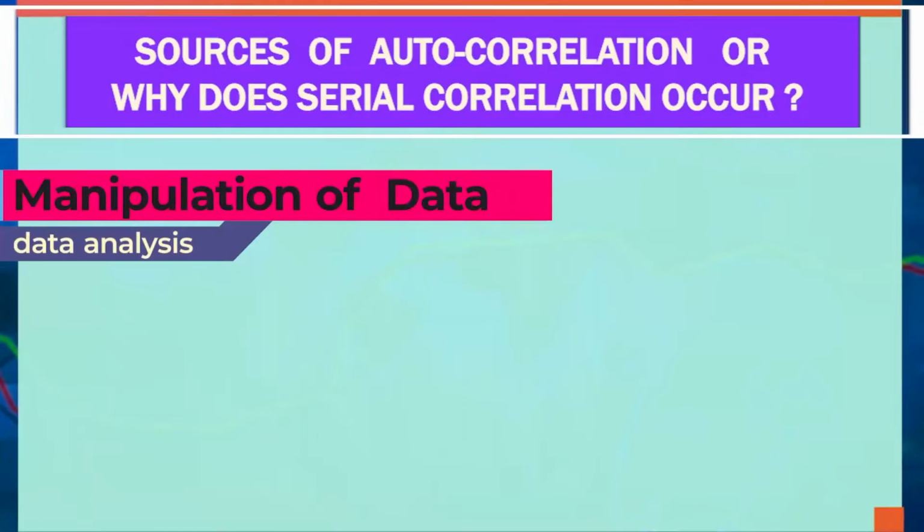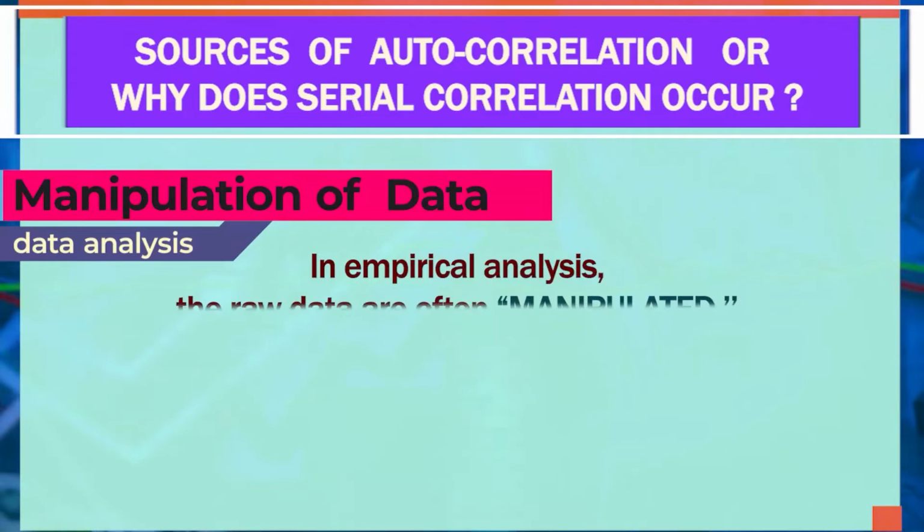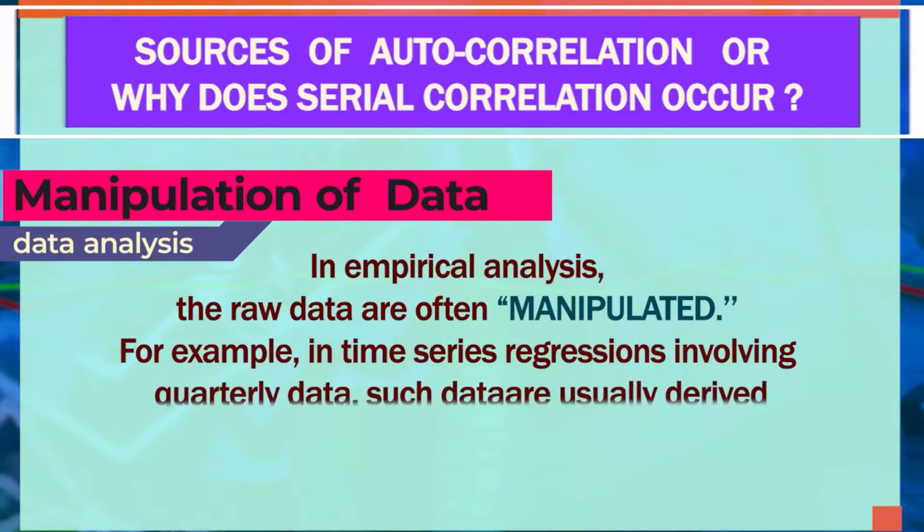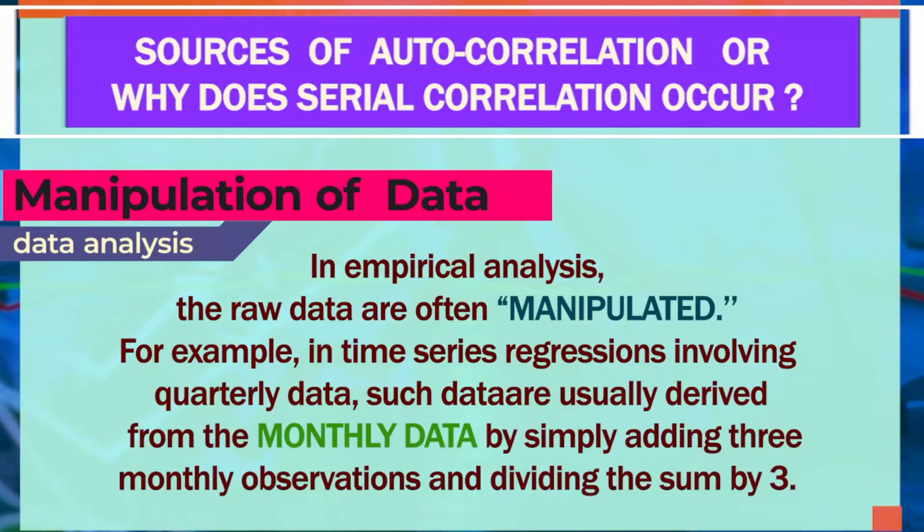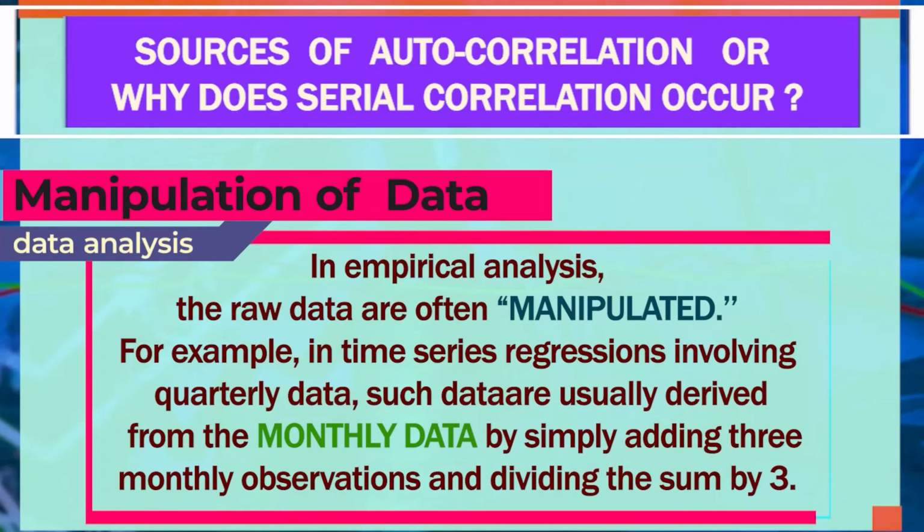Next, we have an exercise which is done whenever people are engaged in data analysis. Sometimes this is spelled out as data manipulation. Any kind of manipulation, such as converting monthly data into yearly data, taking averages, or any kind of data transformation, might also lead to the problem of autocorrelation.